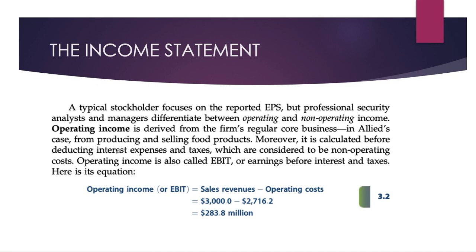A typical stockholder focuses on the reported earnings per share, but professional security analysts and managers differentiate between operating and non-operating income. So operating income is derived from the firm's regular core business. In our example, company Allieds is producing and selling food products.